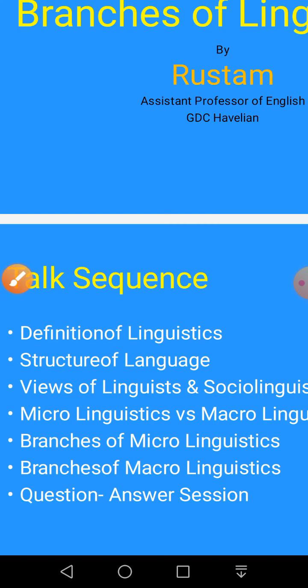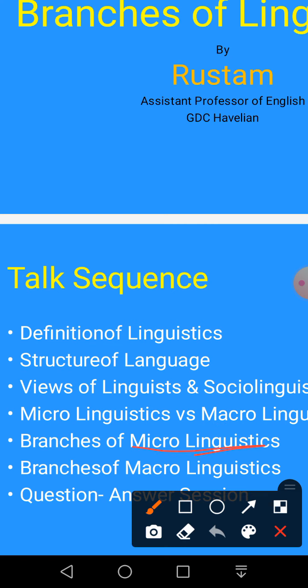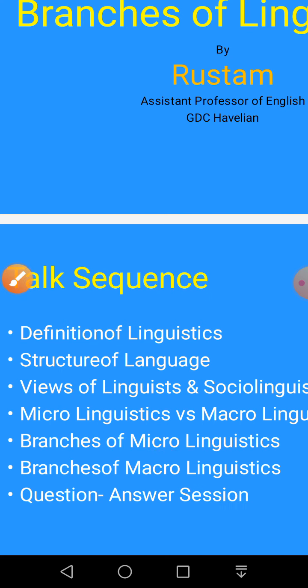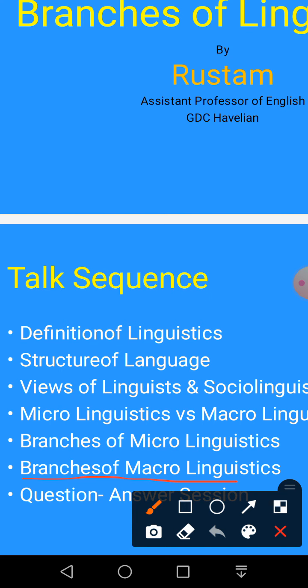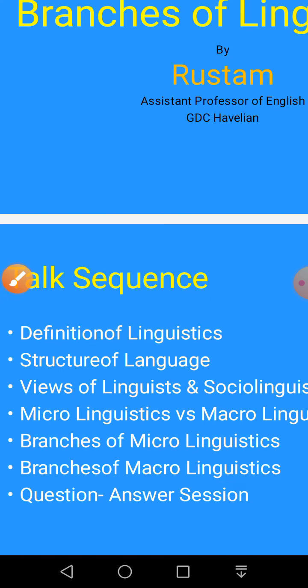Then for the branches of microlinguistics, I'll definitely talk about phonology, phonetics, morphology, lexicology, syntax, and semantics. And when I move into macrolinguistics, I'll be talking about sociolinguistics, psycholinguistics, computational linguistics, forensic linguistics, etc.